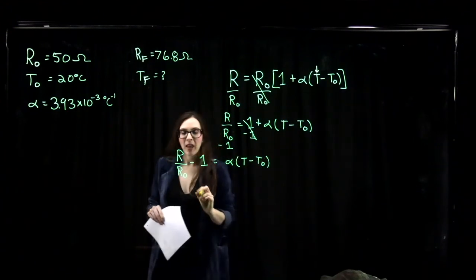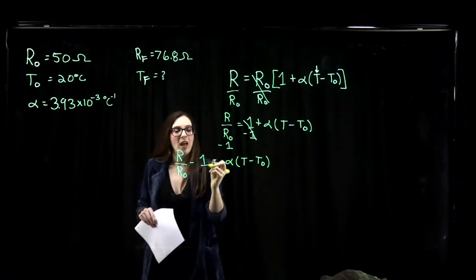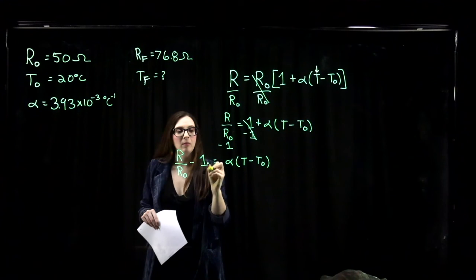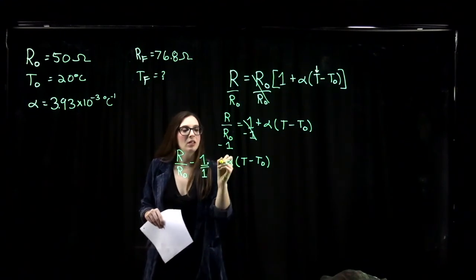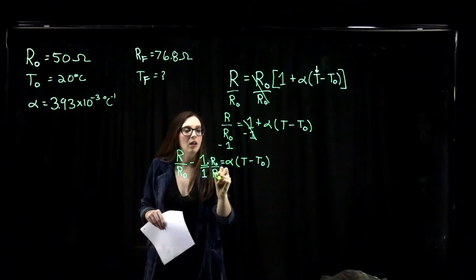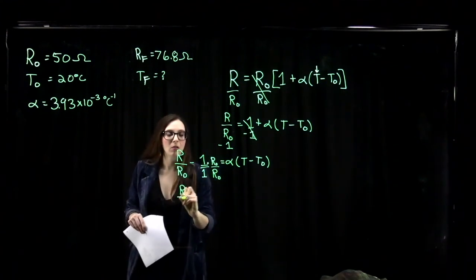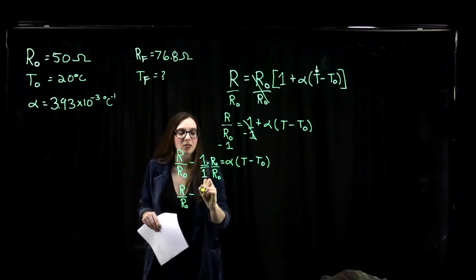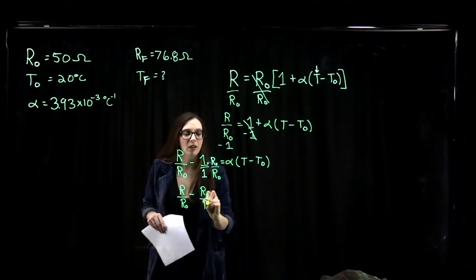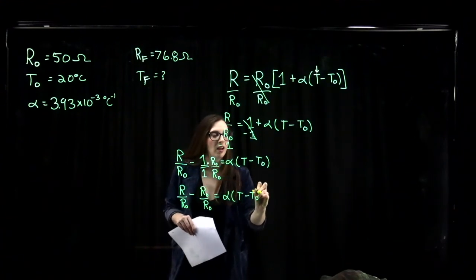I'm going to make this look a little bit nicer right here. I'm going to multiply the top and bottom, that's essentially 1 over 1, here, just this one, by R naught over R naught, okay? So this is going to be R over R naught minus R naught over R naught equals alpha times T minus T naught, okay?